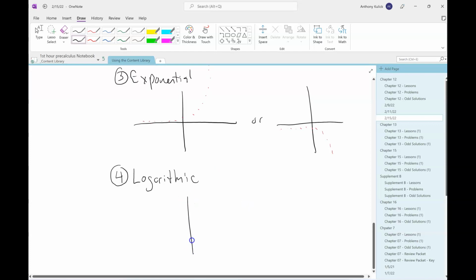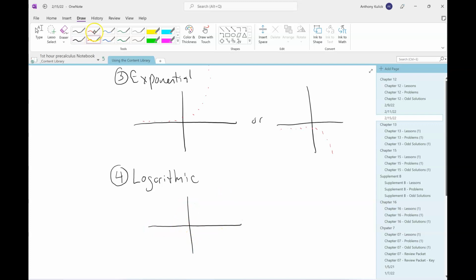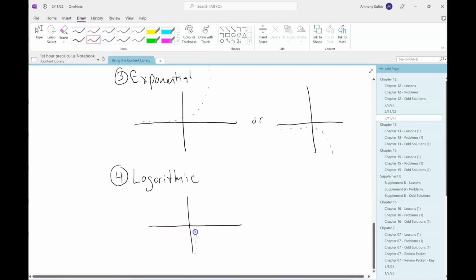There's logarithmic, which basically looks like a twisted version of the exponential.